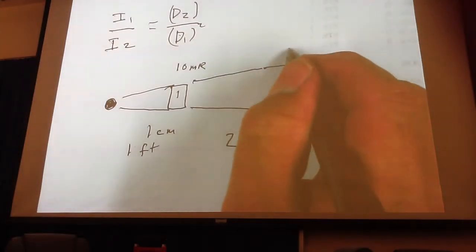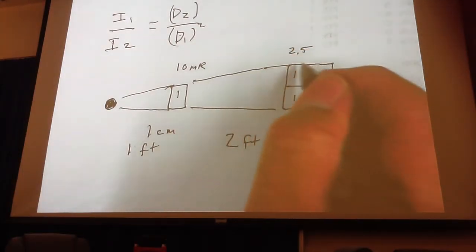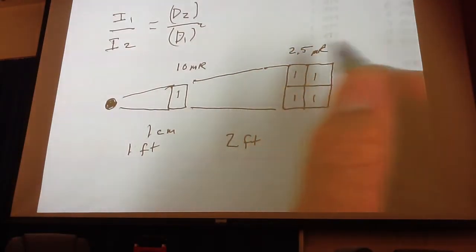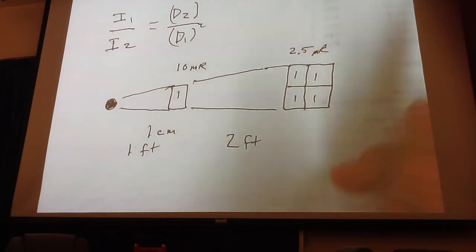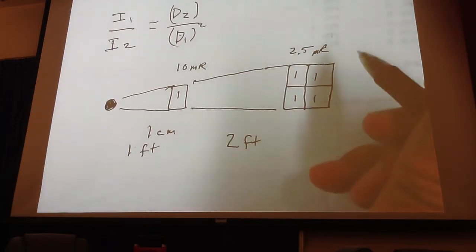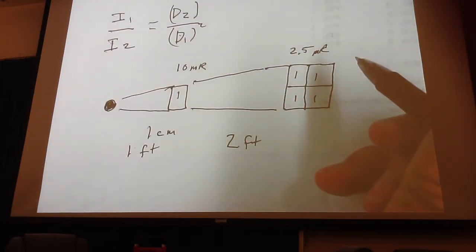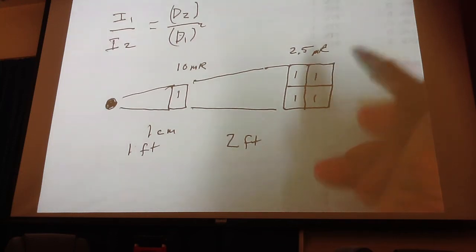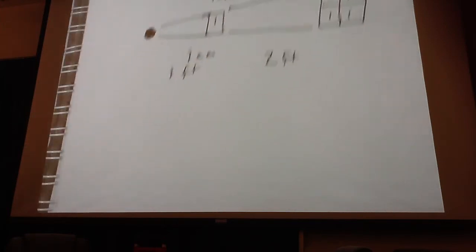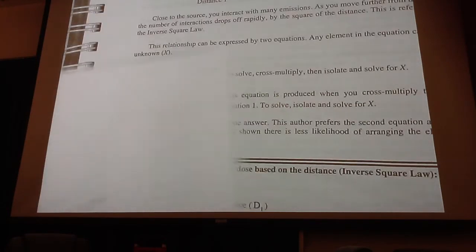So now each one of these little squares is equal to 2.5 MR. So that's how the radiation dose would be reduced. It's not that it's actually less, it's just that it's less over a given area. That sort of makes sense? People remember from X-ray days? Yeah.